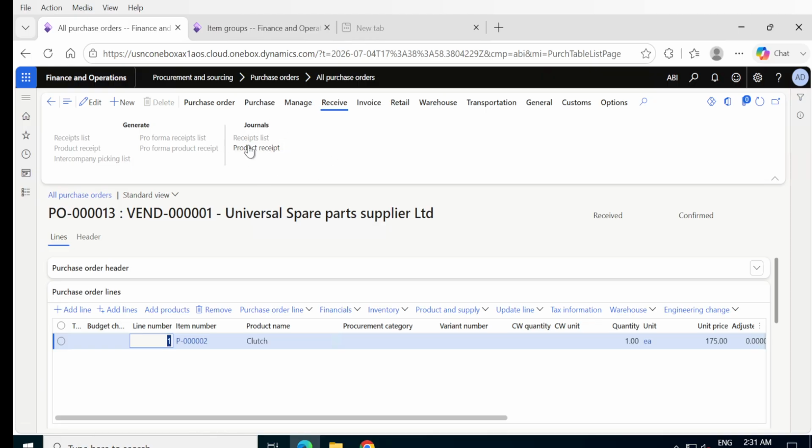I didn't create the journal manually. FnO did that. So FnO creates a journal automatically the moment I do a product receipt and post. This is how the product receipt journal was created. Now let me go to the product receipt journal.